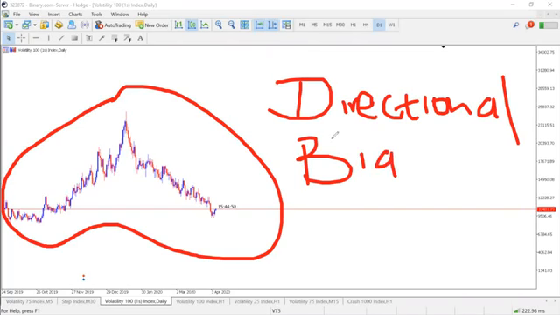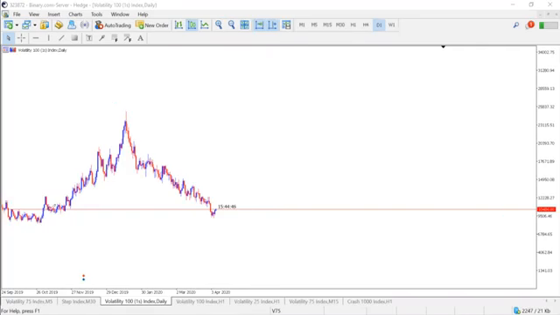With the issue of directional bias, as you can see right now, the market rallied to the upside, and now, okay, let me do this. Price rallied to the upside, represented by blue, and then it rallied to the downside.